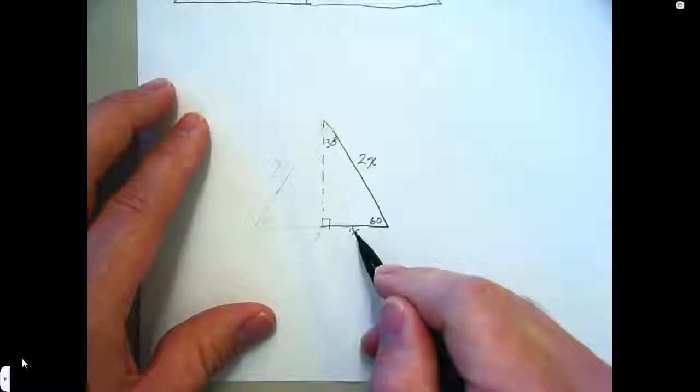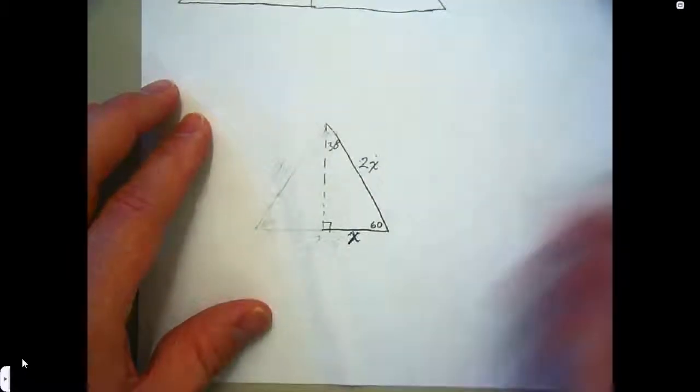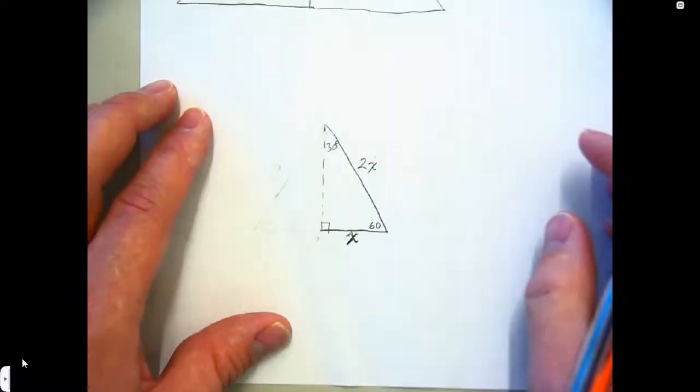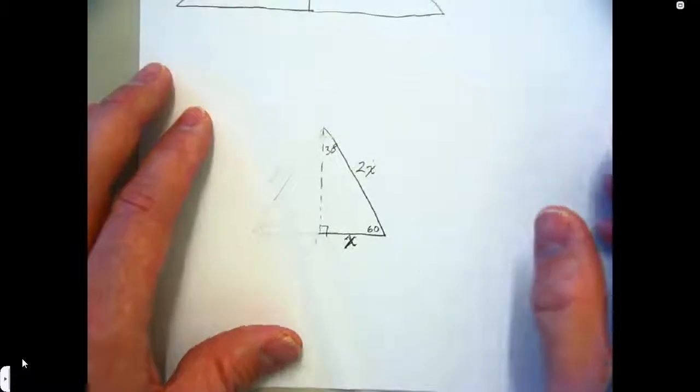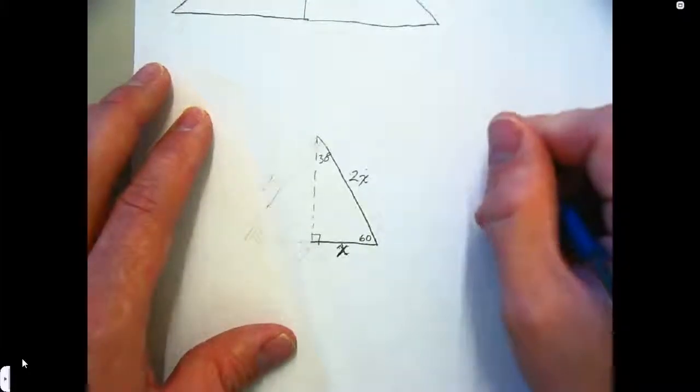Now, if that's x and that's 2x and this is a right triangle, how can I find my third length? What's that cool theorem we used earlier in the semester or earlier in the chapter? Carla?